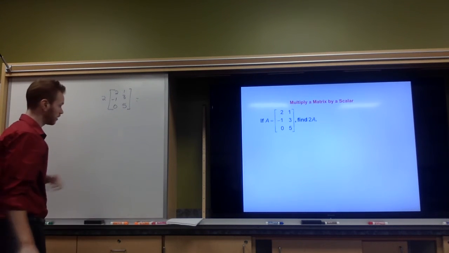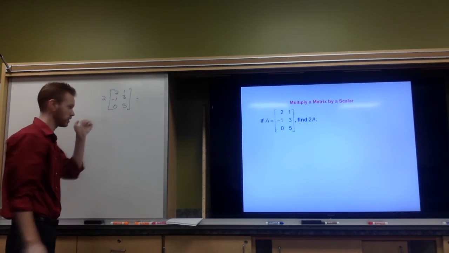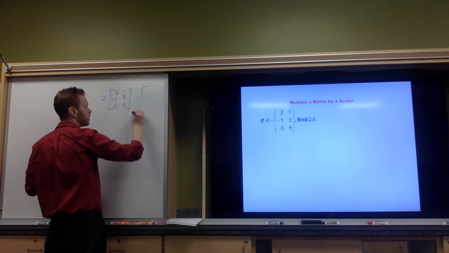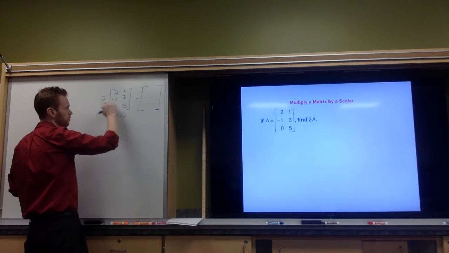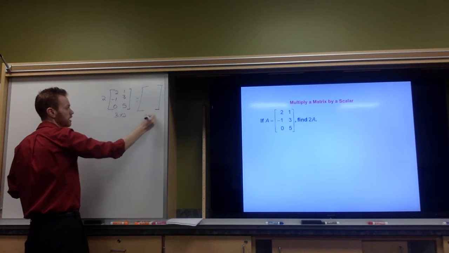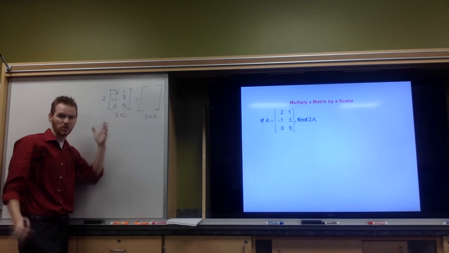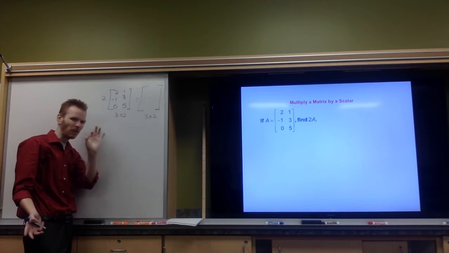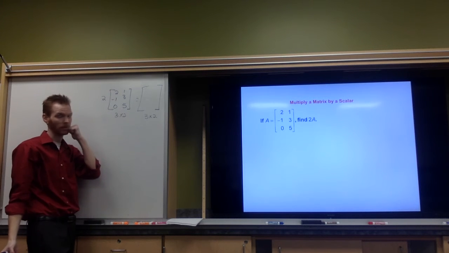Notice, if I multiply by a scalar, it doesn't matter what size the dimension is. It's going to be the same dimension. This is a what? A 3 by 2? 3 rows by 2 columns. So this will still be a 3 by 2. This scalar does not make the matrix bigger. It's only making the elements inside of it bigger or smaller depending on what the scalar number is.